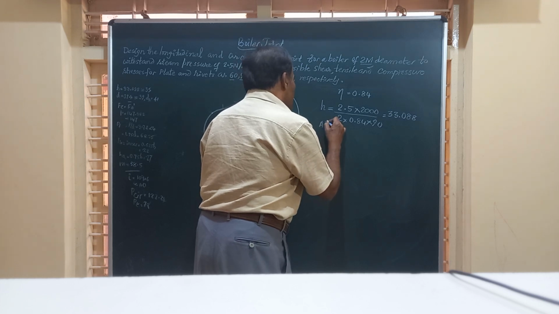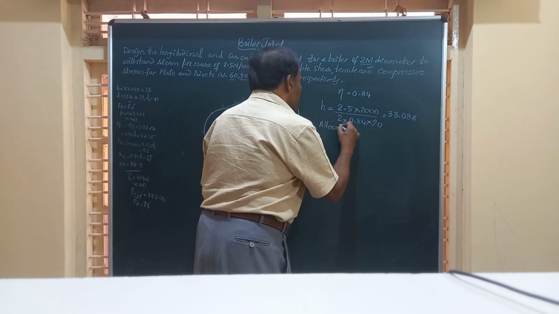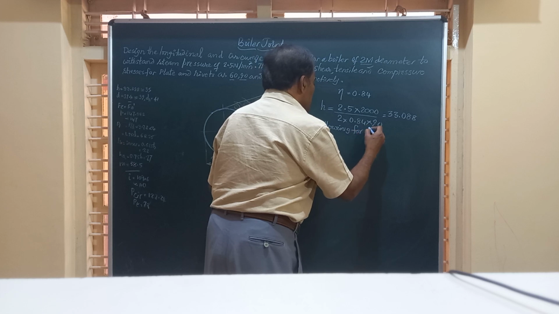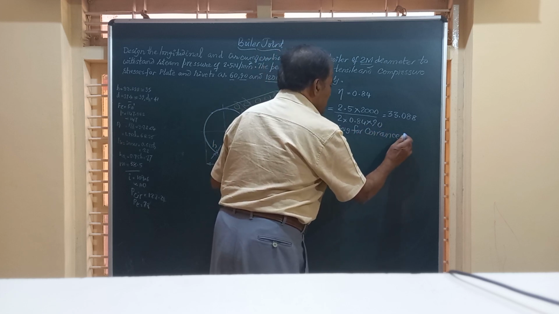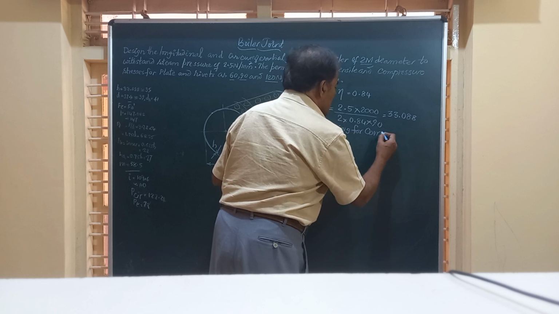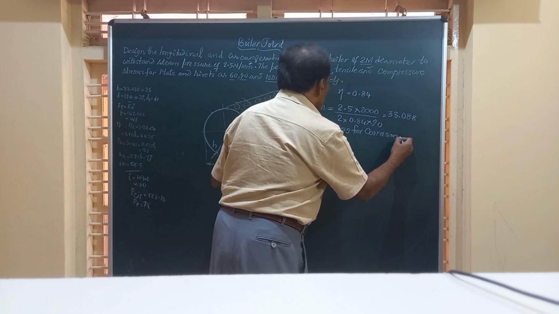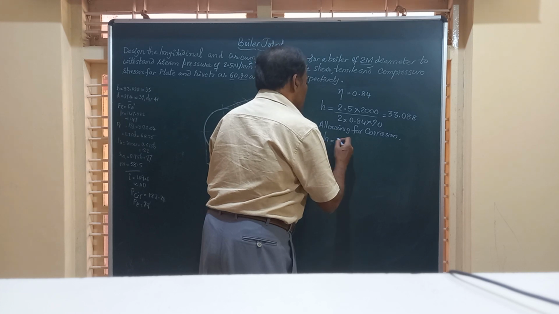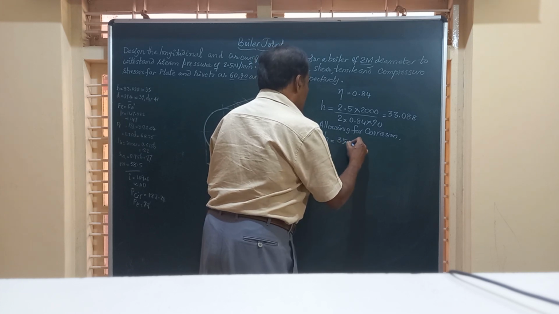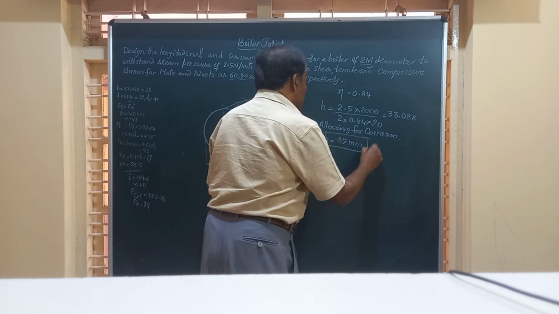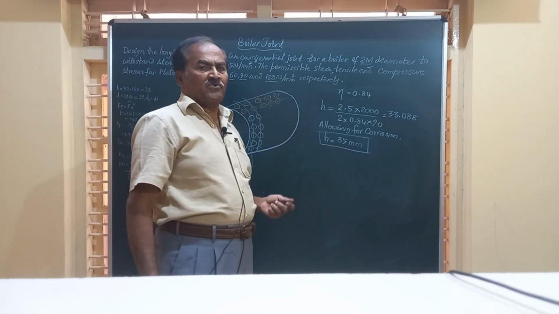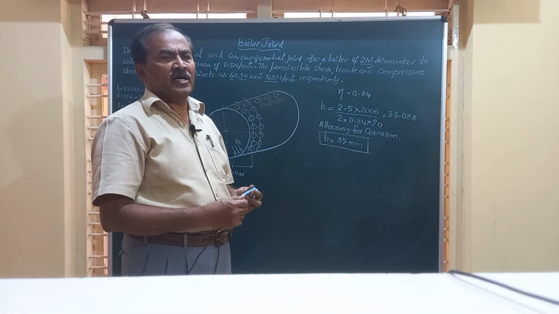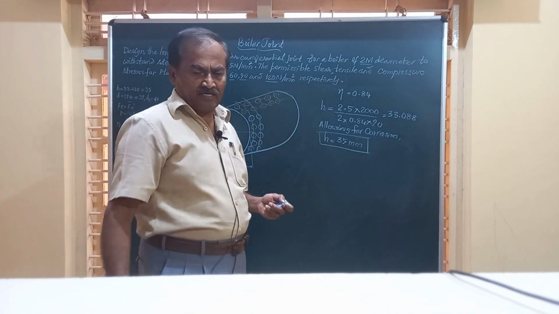So allowing for corrosion, or making provision for this corrosion, we can take H equal to 35 millimeter, slightly higher than whatever you get. So this is the first step in the design of this longitudinal joint, which is a butt joint.